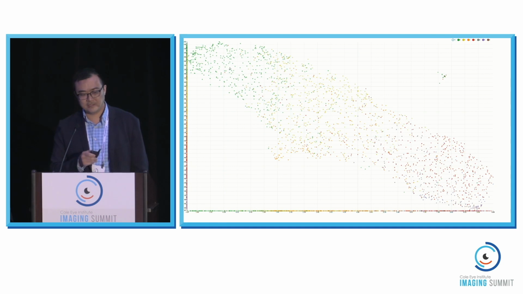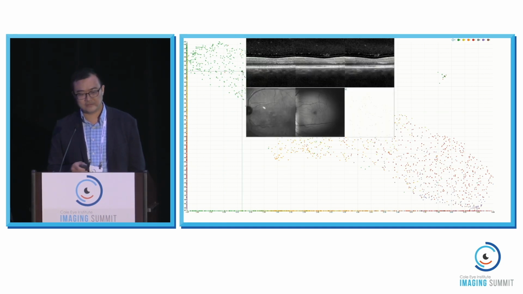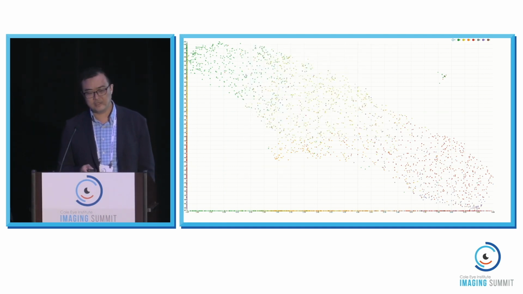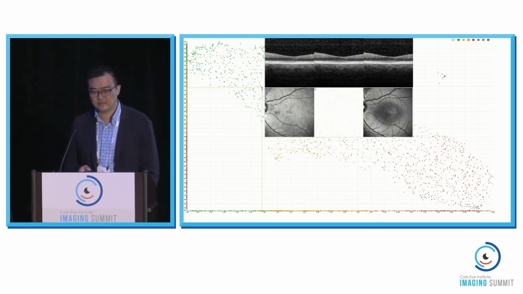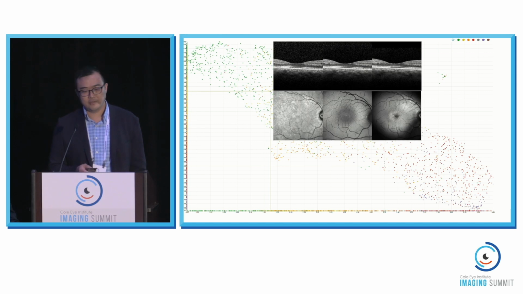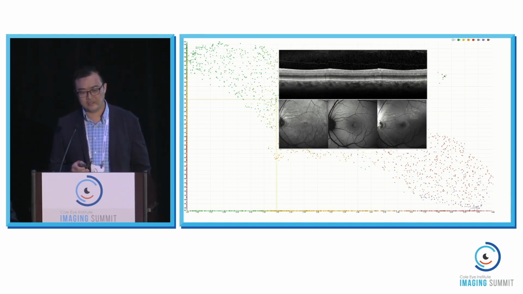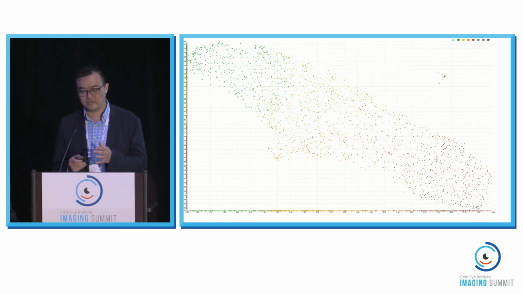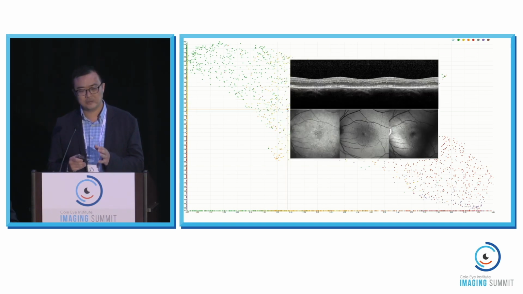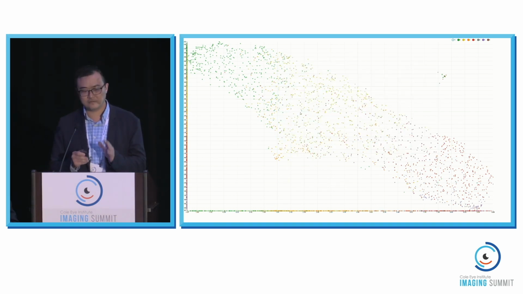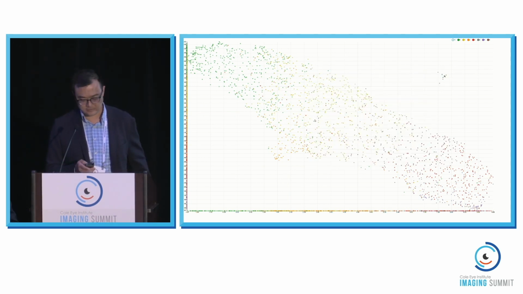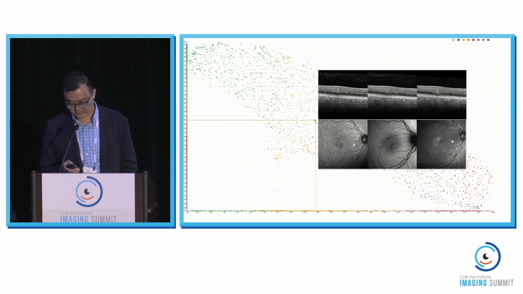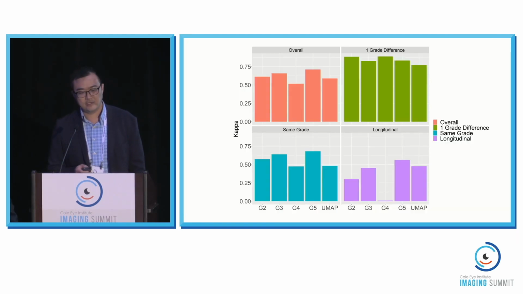As we move our mouse down along this continuum, you can see more and more severe phenotypes of MACTEL type 2 appearing. What's nice about this is that it allows people to interact with this tool to understand where disease falls along and progresses in MACTEL type 2. So in the interest of time, I won't play the entire video.